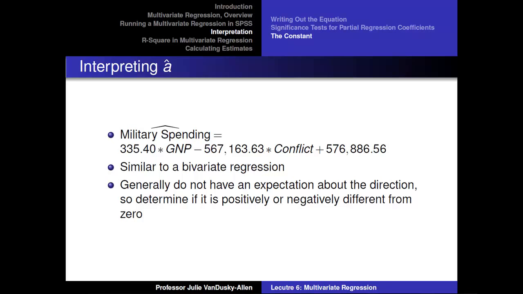Recall that A hat is also the y-intercept. In this equation, it is 576,886.56. Interpreting A hat in a multivariate regression is similar to interpreting it in a bivariate regression. We do not have an expectation about whether A hat is positively or negatively different from 0, so we just assess whether it is positively or negatively different from 0.